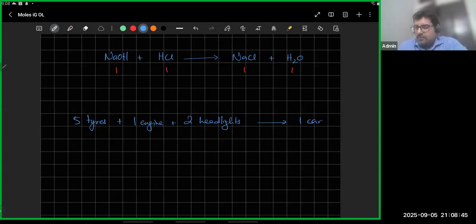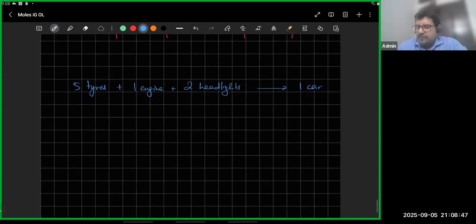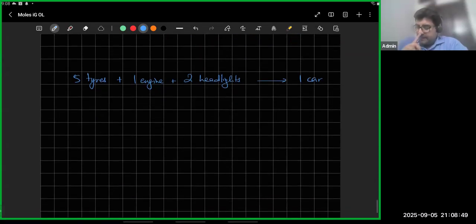Now what we are trying to do is, what if I give you the quantity of 2 things instead of 1? Let's say I have 10 tires. I would need 2 engines and 4 headlights, and I'm going to make 2 cars. If I have 10 tires, I can make 2 cars. But what if I give you 10 tires and 1 engine?